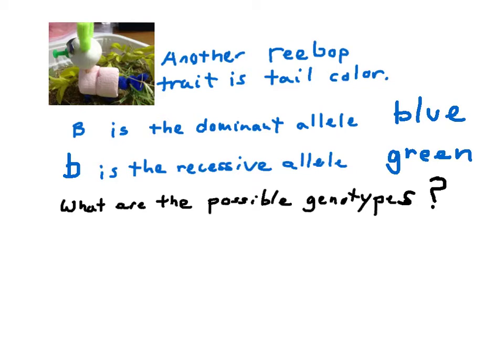There are two possibilities. One is that this organism is big B, big B, and another possibility is that he or she is big B, small b. In other words, in this case having two dominant alleles, or in this case having one dominant and one recessive allele.